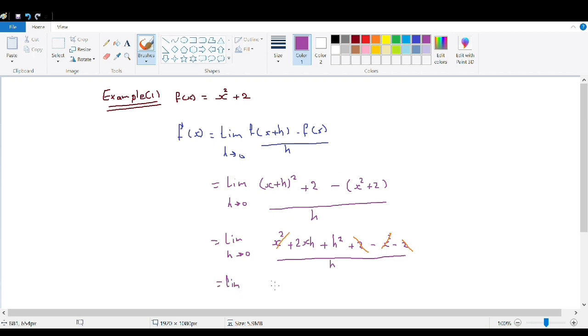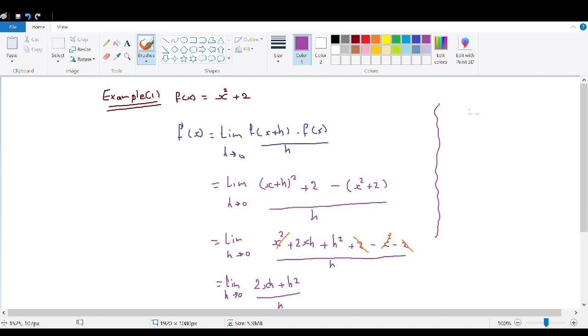So we are left with the limit of 2xh plus h squared, divided by h, as h approaches 0.